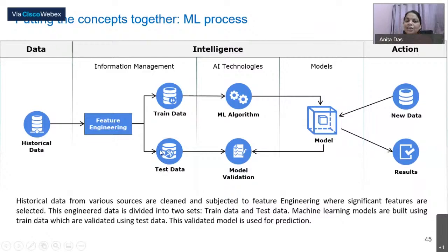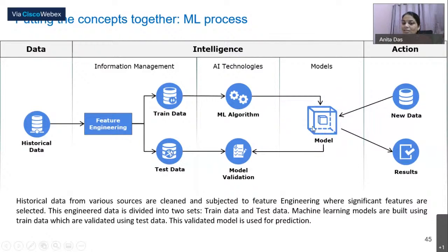Then you divide the data, depending on the data, maybe 80-20 or 75-25, in that ratio, so that you can build a model on one piece and validate the built model on the other piece. The training data is a little bigger piece because training needs more data. On the training data we build ML algorithms, and then the test data is passed to that model.